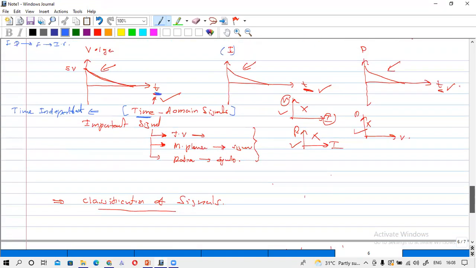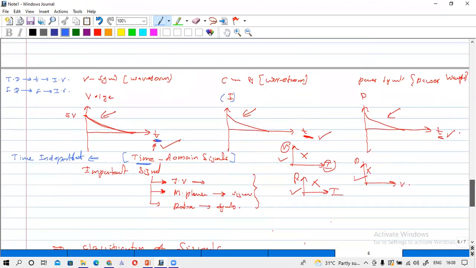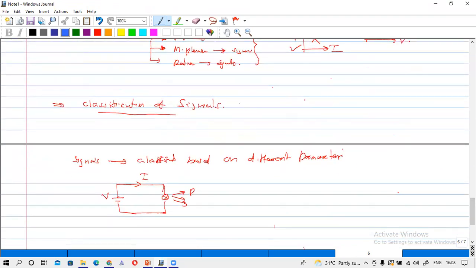At this point we are mainly focusing on time domain signals. That means these signals are changing according to the time.